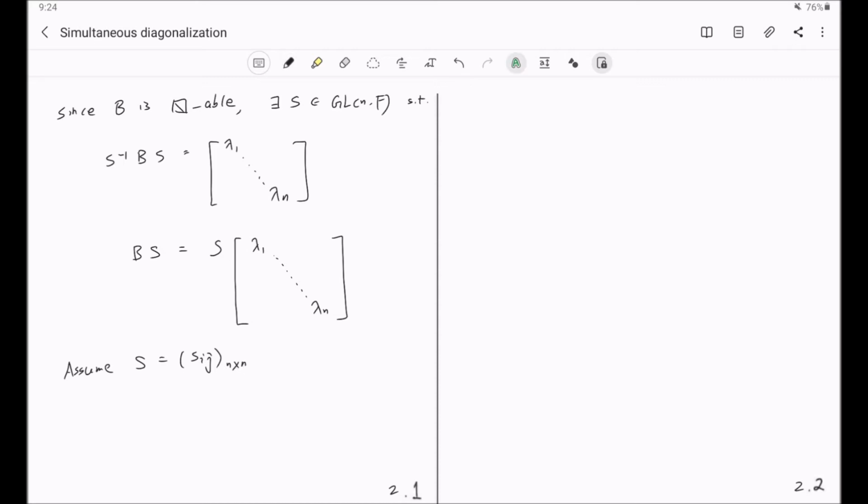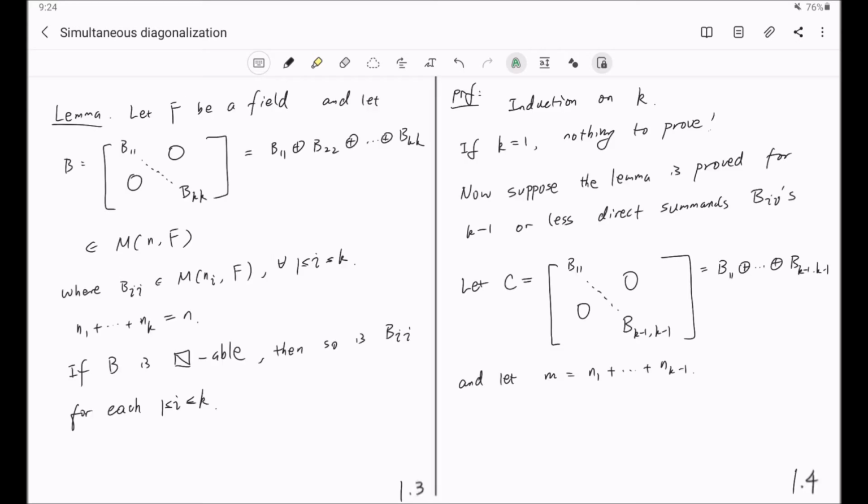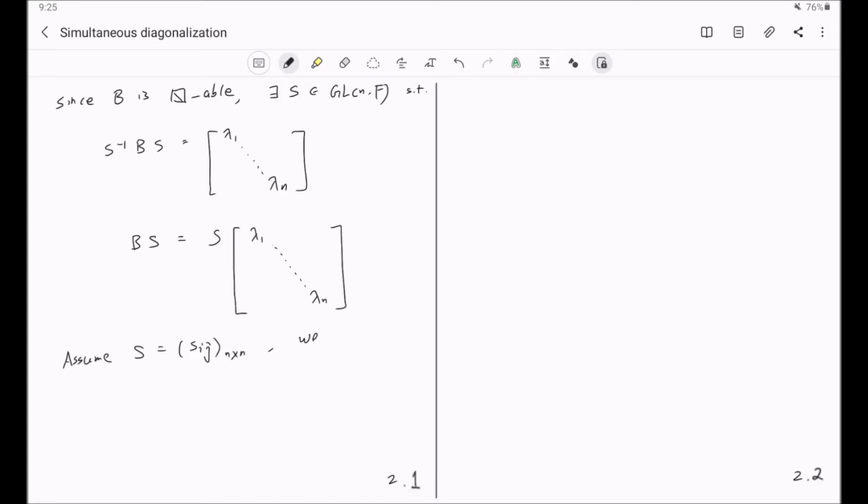Our next step is to try to utilize this block form of B, in particular this C and our induction hypothesis. To this end, we write S as this block form.